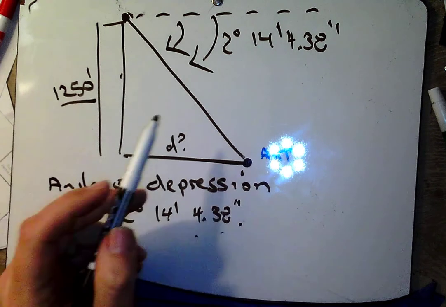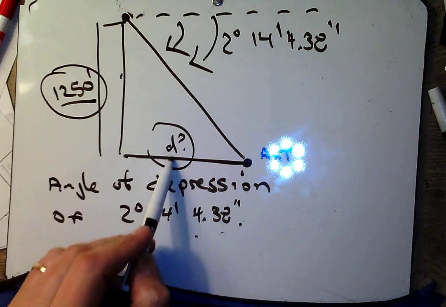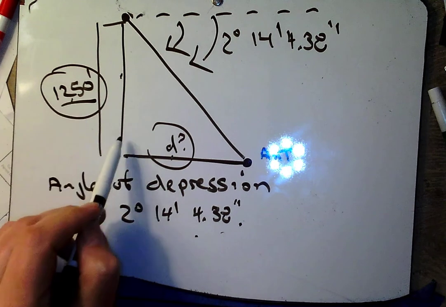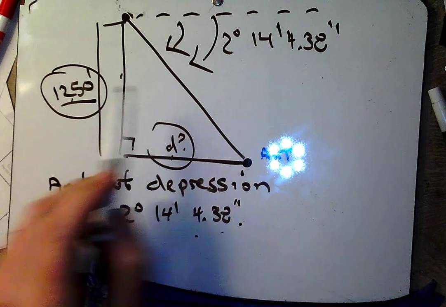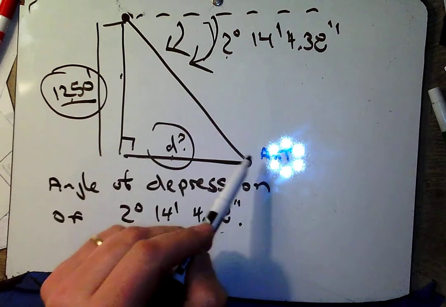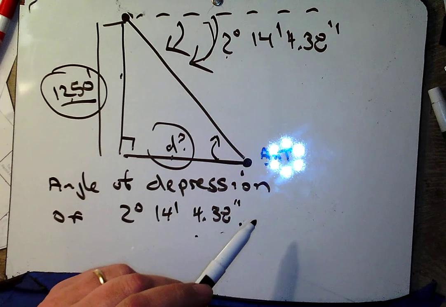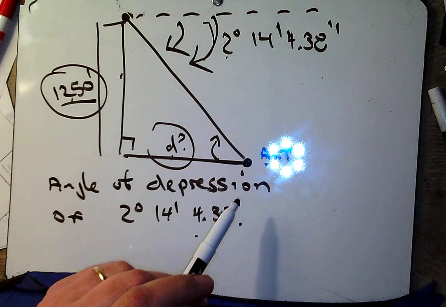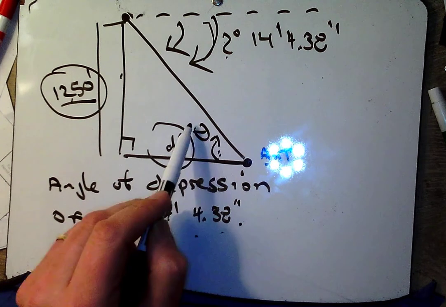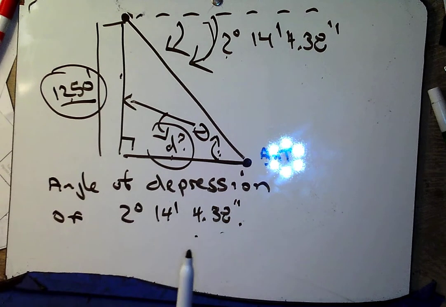Well, I love that idea of saying you're looking for a side, you've got another side. Also, isn't the angle of depression, you looking down to see the ant, the same as the angle of elevation? Sure is. Okay, so what trig function would I use with this angle? Opposite, adjacent, sounds like tangent.